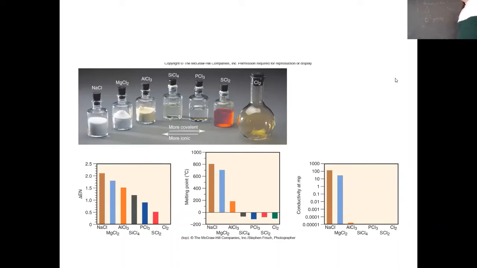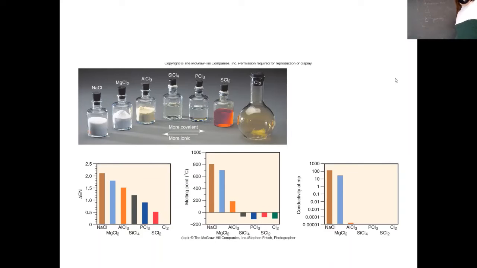All right, so this is looking at the interactions of chlorine with other elements in the same row. So period 3 on the periodic table. And we've got a picture of those combinations, and we also have some graphs. So the first graph at the bottom I want to look at because it talks about the difference in electronegativity.